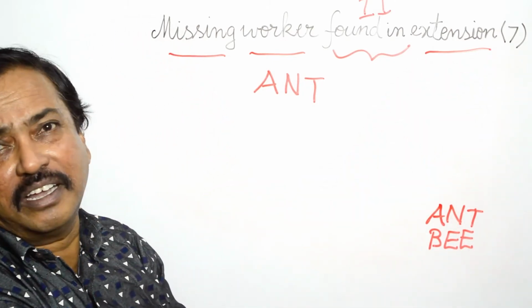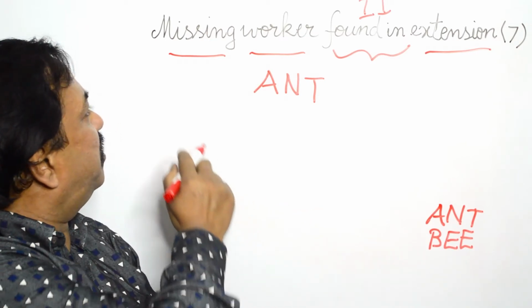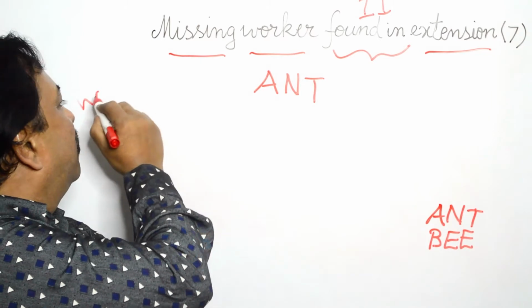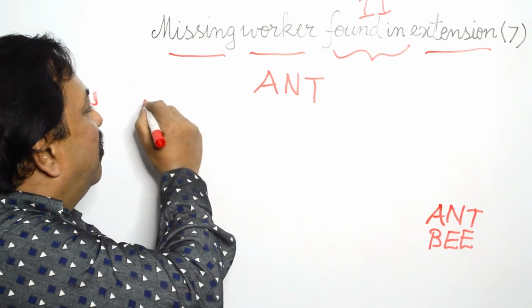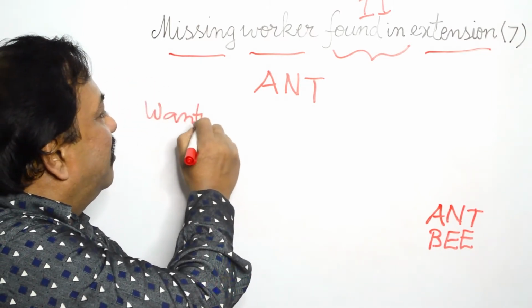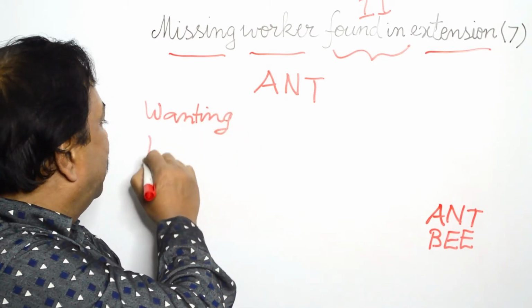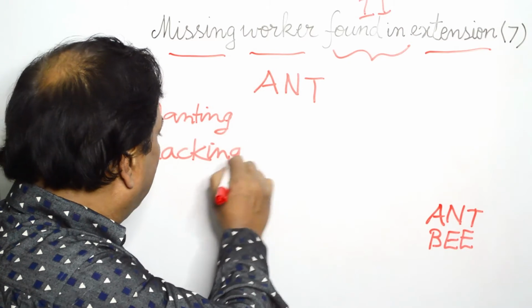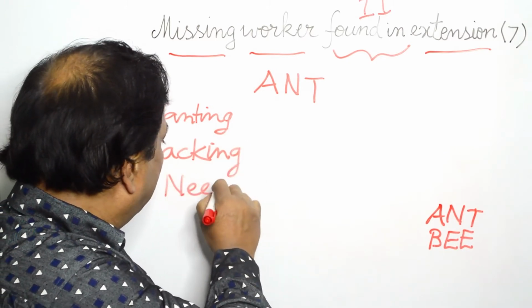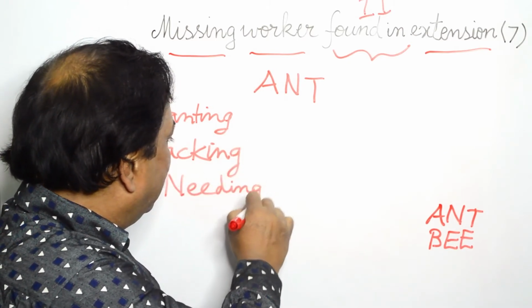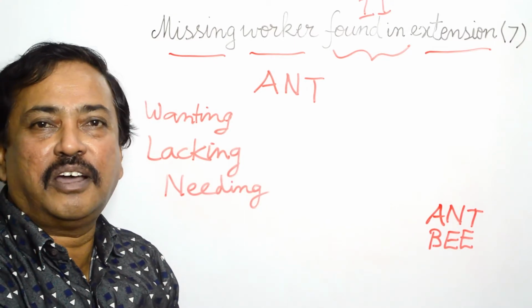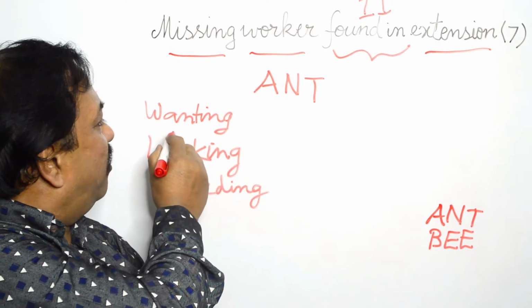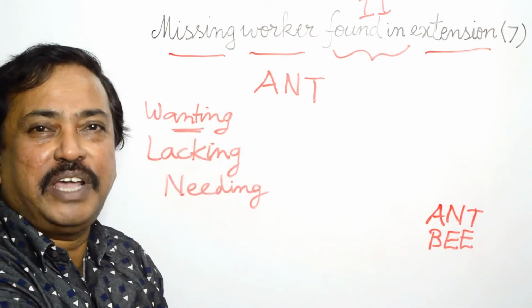We can think in the other way also, like missing, we have words like, say, wanting, lacking, needing. Now, we can see that in wanting, we have ant.